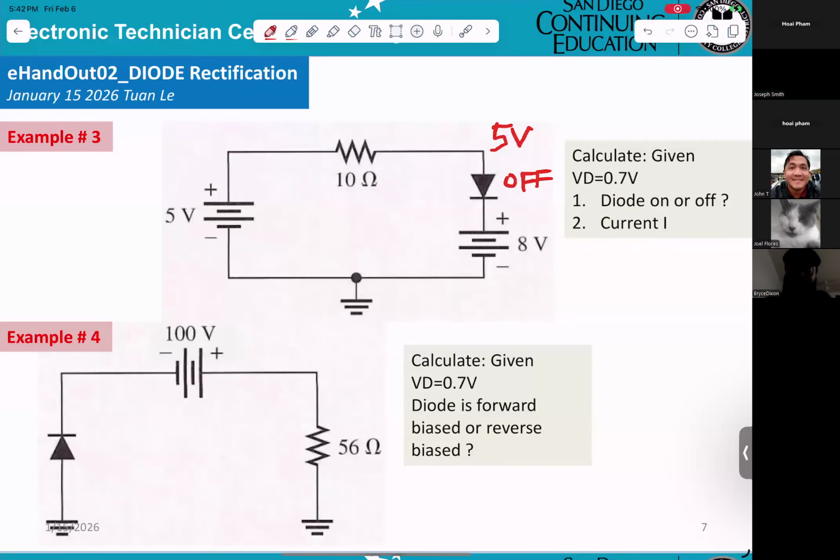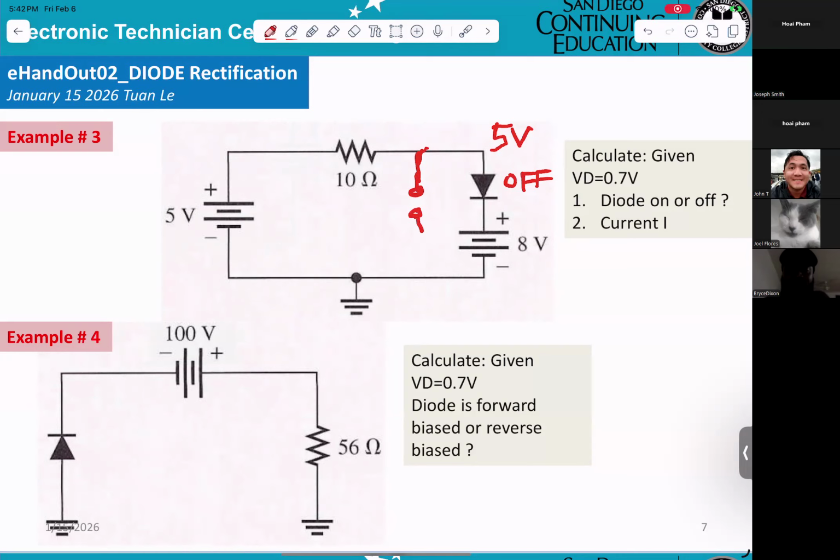Now, after you say diode off, we're not using the diode anymore. Substitute the diode by an open circuit here. Off, they will be open.